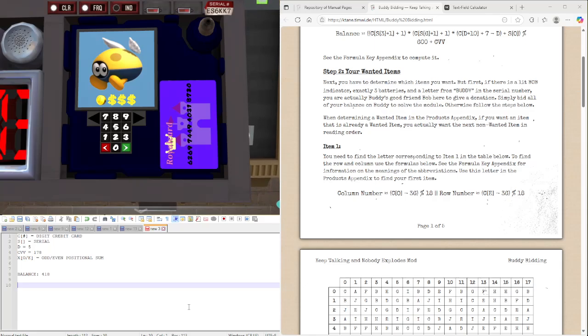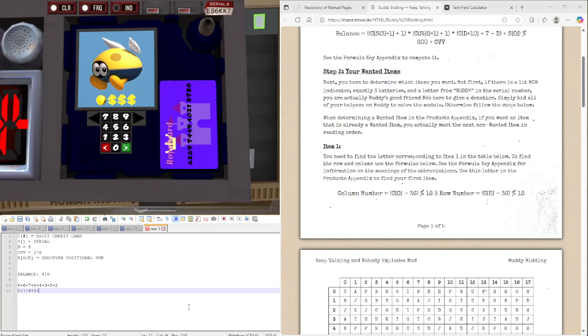So the odd digits are the odd position digits: 6 plus 6 plus 7 plus 4 plus 4 plus 3 plus 8 plus 2. And then the even positions: 2 plus 9 plus 4 plus 9 plus 0 plus 1 plus 7 plus 0.